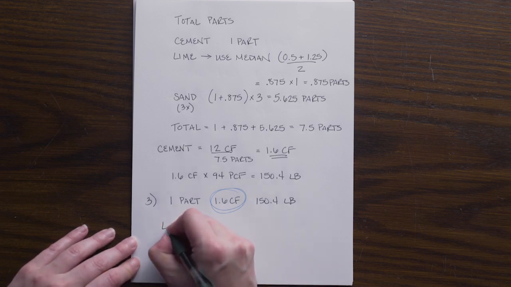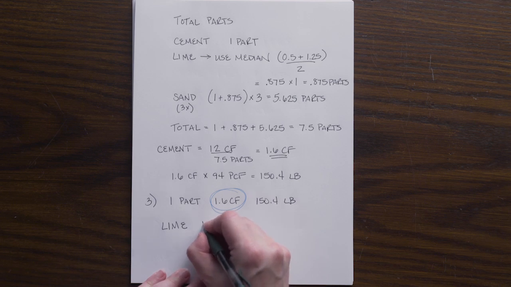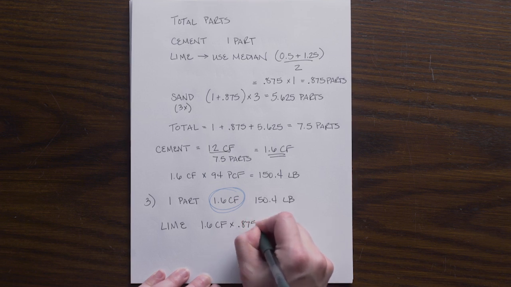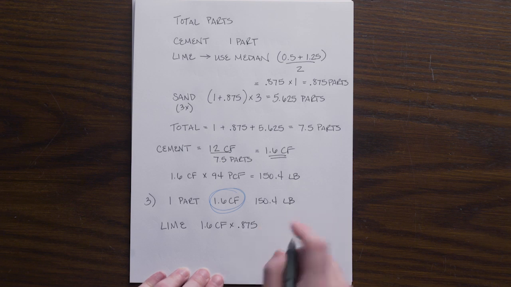So now if we're looking at our lime, our next component, we have 1.6 cubic feet from our cement. We have 0.875 parts for our lime in comparison to our cement. 1.4 is our volume for lime.